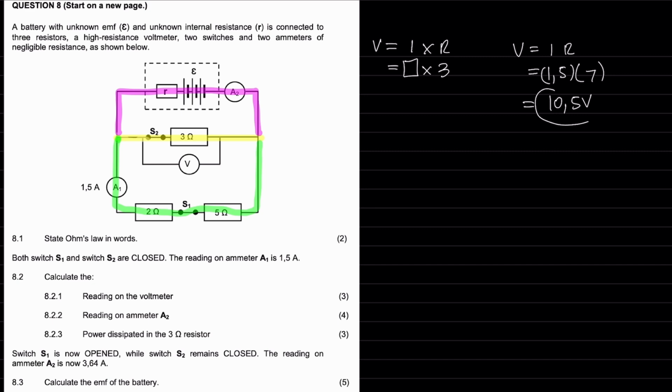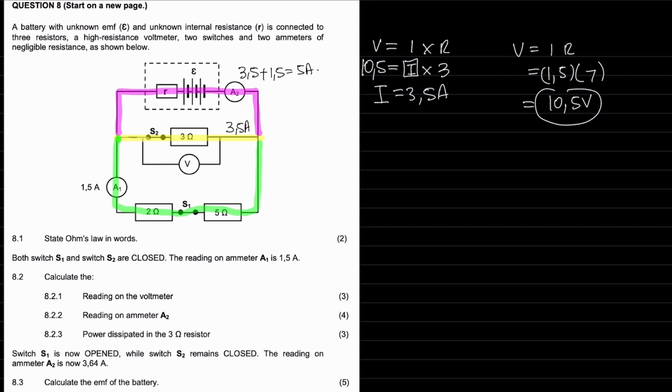So this 10.5, I can substitute it here and now solve for I. If I solve for I, I'm going to get 3.5 amperes. So the current in this yellow branch is 3.5 amperes. Then to get the total A2, it's going to be 3.5 plus 1.5, which is 5 amperes.